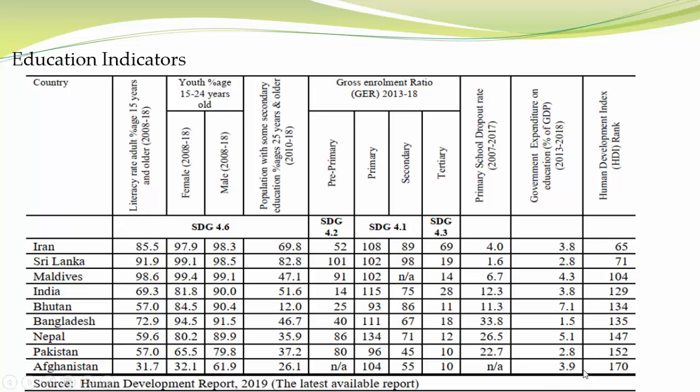It is very strange that even Afghanistan spent 3.9% on education during the period of 2013 to 18, but Pakistan spent 2.8%. In Nepal, it is 5.1%. In Bhutan, it is 7.1%. In Maldives, it is 3.8%.